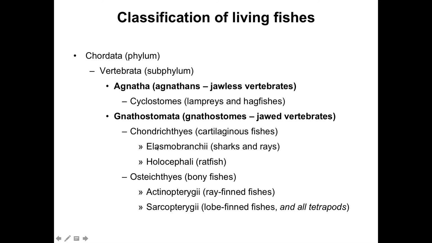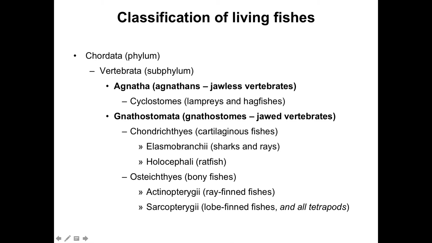And the gnathostomes can be broken down into two groups: the cartilaginous fishes, the chondrichthyes, and the bony fishes, the osteichthyes.